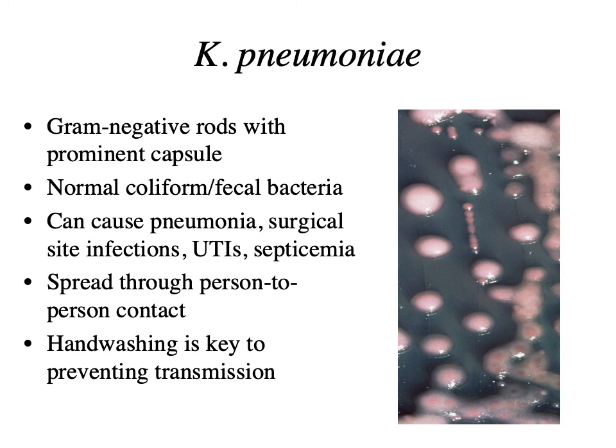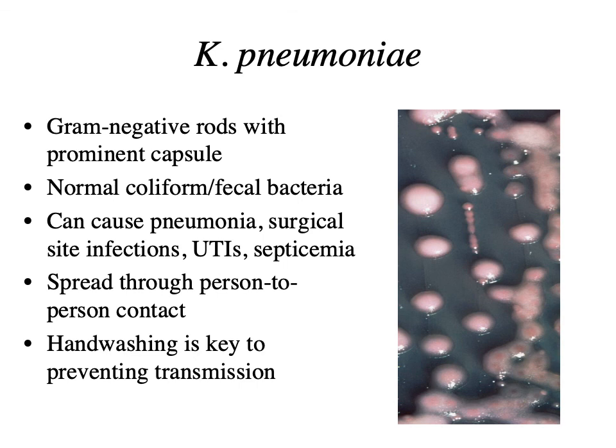Klebsiella pneumoniae is one that is featured in your video for your second reflection paper. This one's pretty nasty. It can normally be found in certain places, but if it gets to the wrong areas, it can definitely be septicemic and cause all sorts of problems.